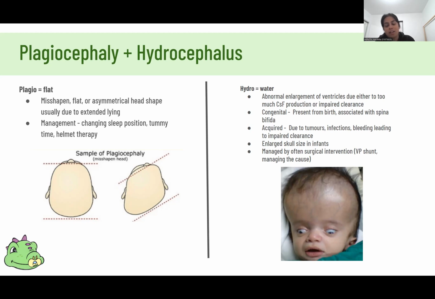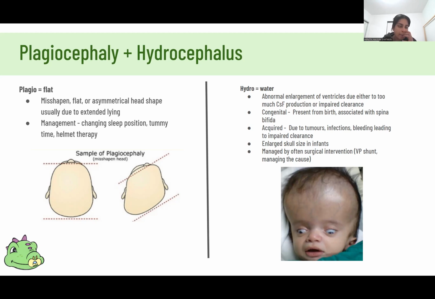Hydrocephalus is more of an issue because it's related to increased CSF in the brain, and that might be due to too much CSF being produced, or it not draining properly. It can be due to issues with masses within the cranium, which is causing raised ICP and so on.